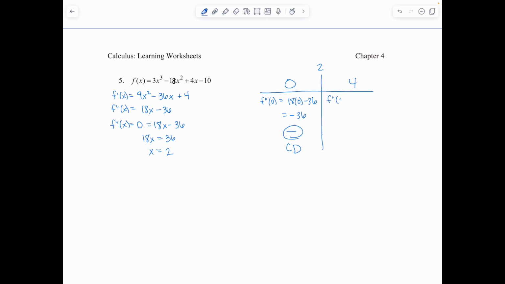Our second derivative at 4 will give us 18 times 4 minus 36. 72 minus 36 is 36, positive, concave up.